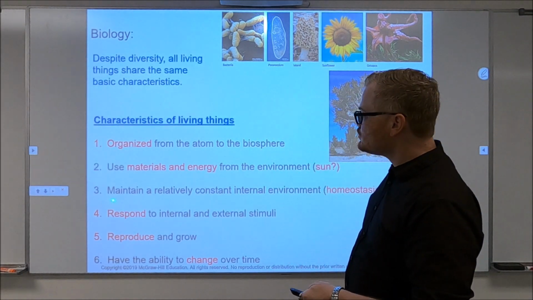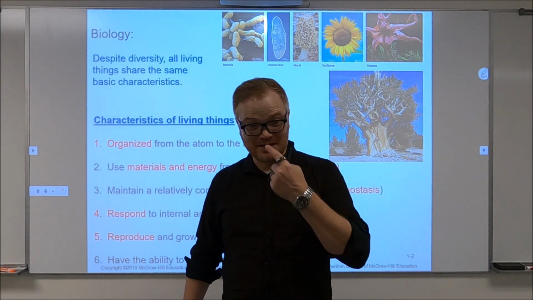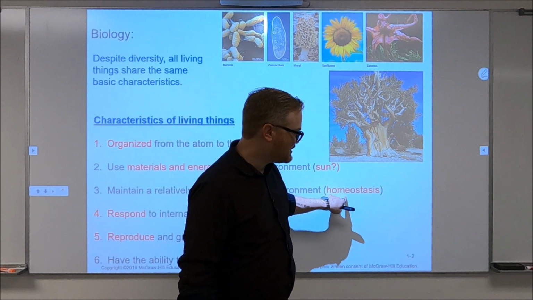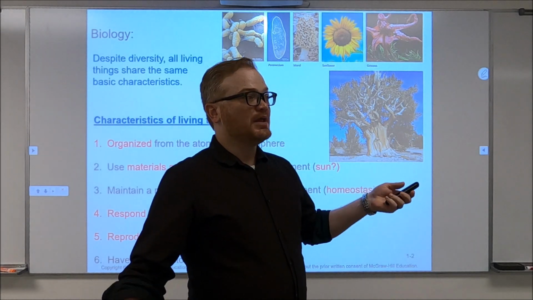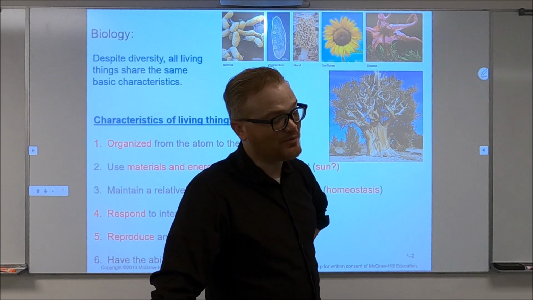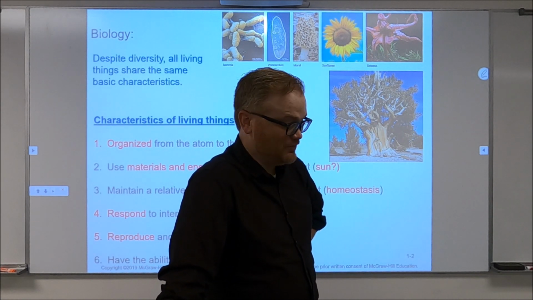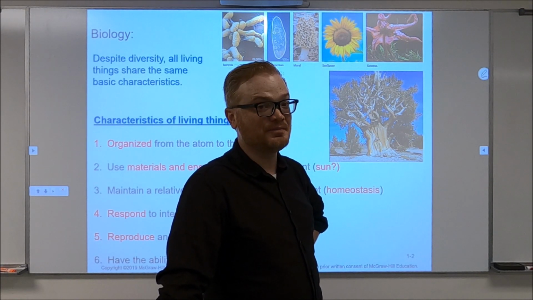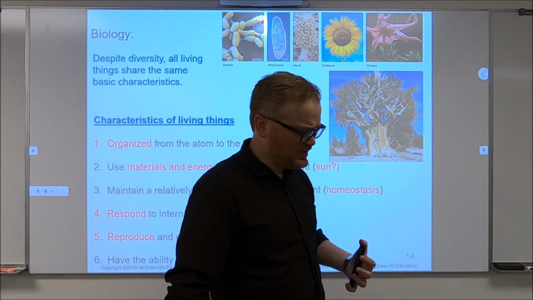Number 3, we have to maintain a relatively constant internal environment. Key term here, folks, homeostasis. That means a state of sameness. Your body temperature right now is probably somewhere around 98.6 degrees. And if it varies too much from 98.6 degrees, you'll feel it. When you have a fever, you know it doesn't feel right.